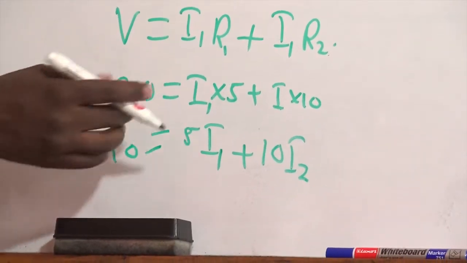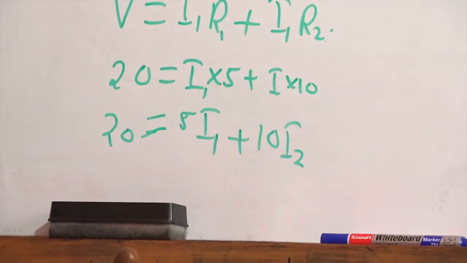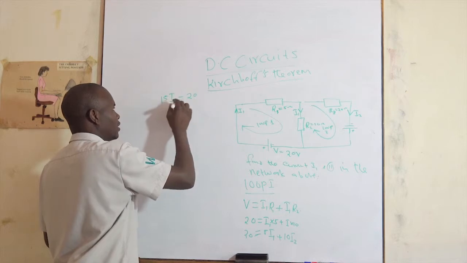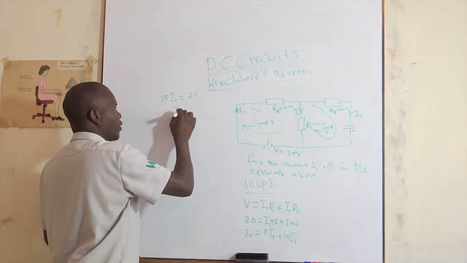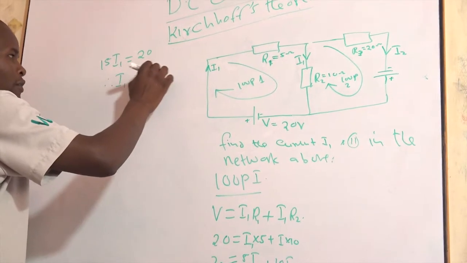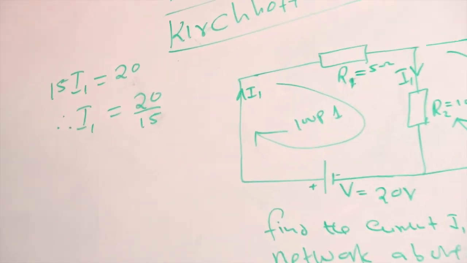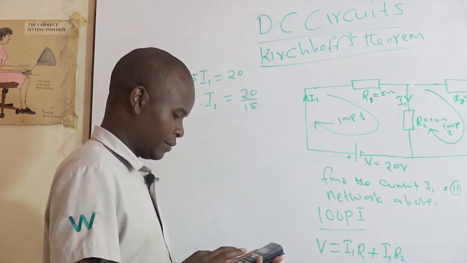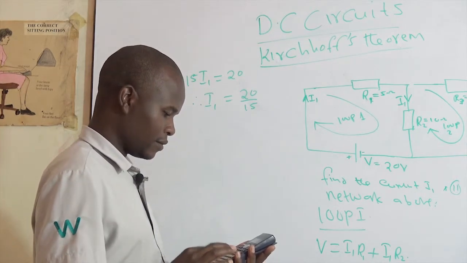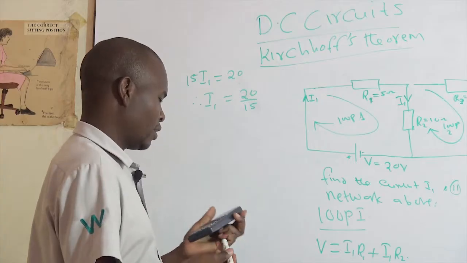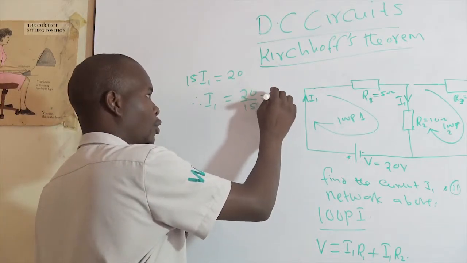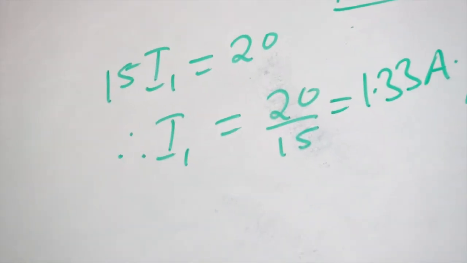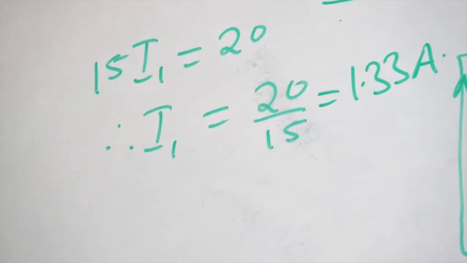That implies that I1 is common, so we have 15 I1 equals 20. Therefore, I1 is 20 divided by 15, so we get 1.33 amperes. That is when we consider loop 1.